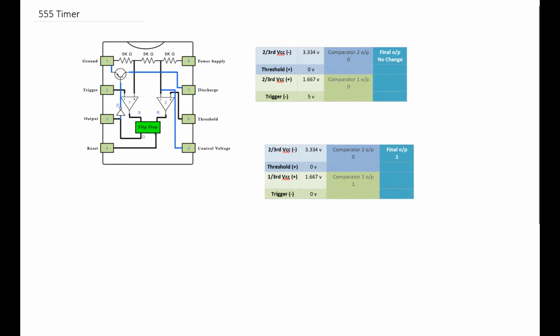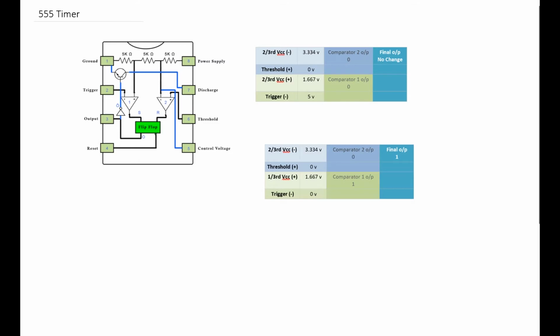And what we had done was, when we were pressing the trigger button, we were bringing the trigger to 0. Before that, comparator 1 that we are looking at on the left over here has the non-inverting terminal at 1/3 VCC because of the potential divider over here, which comes to 1.667 volts.